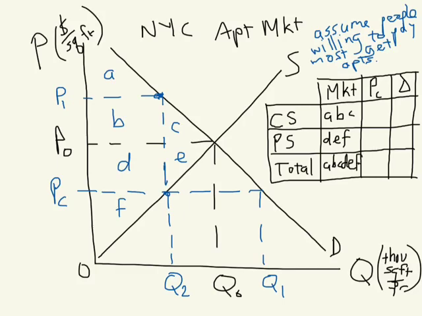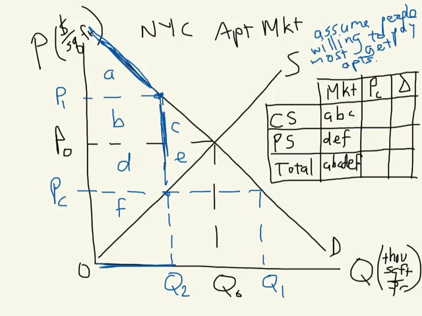All right, well now along comes this policy, a rent control policy. And notice what happens. Consumers get the area below the demand curve only from 0 to Q2, which is the only apartments rented.